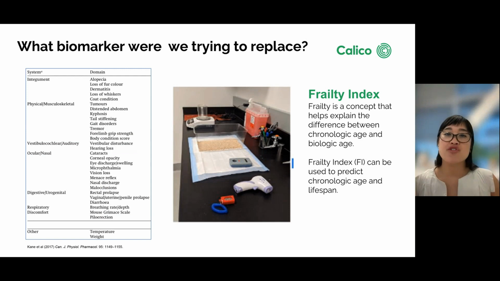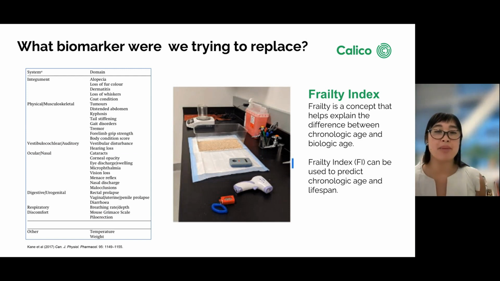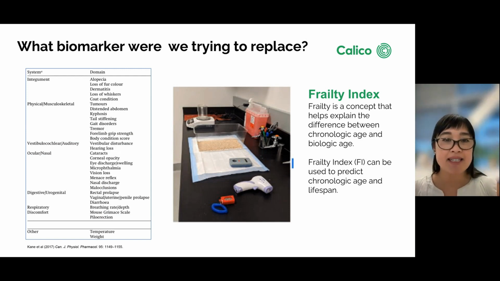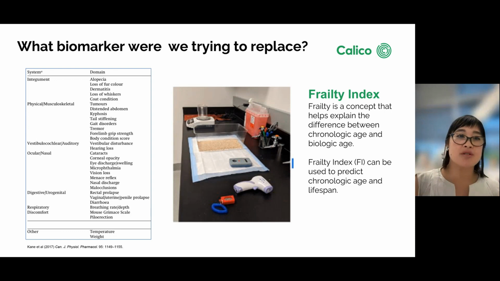So what biomarker will we try and replace? Many of you may not be familiar with the Frailty Index. This is one way that aging researchers in the clinical world measure decline of humans. And so there are a number of these frailty indices on mice published, but the one described here is what is used the most commonly here at our institution.